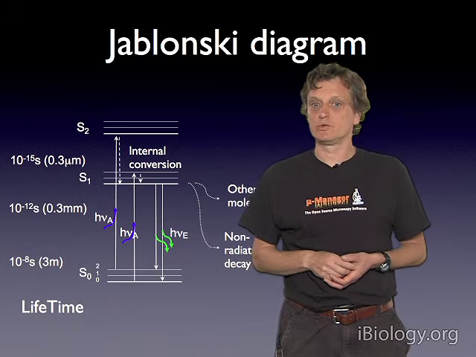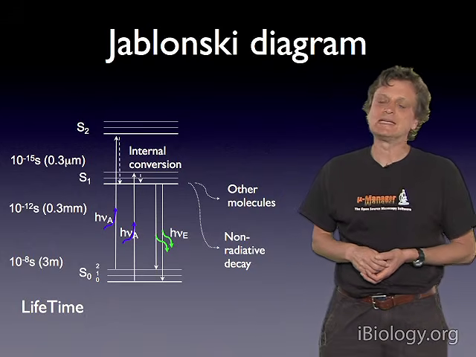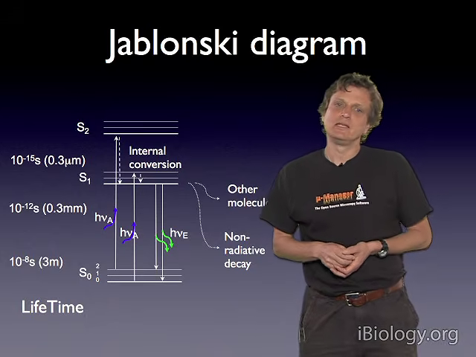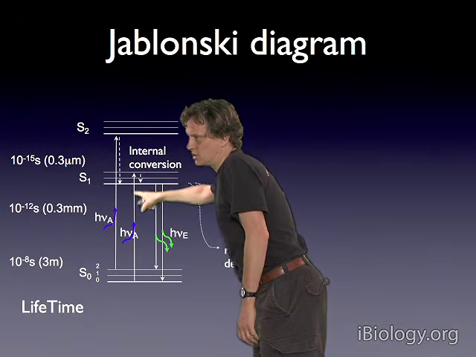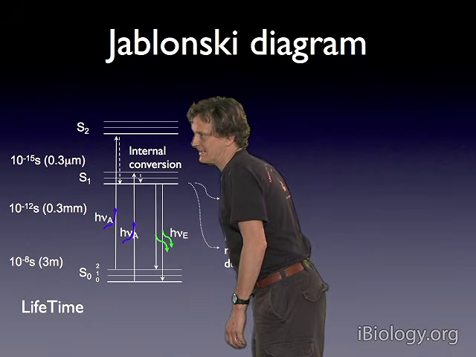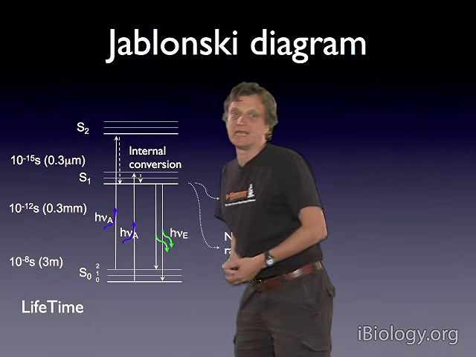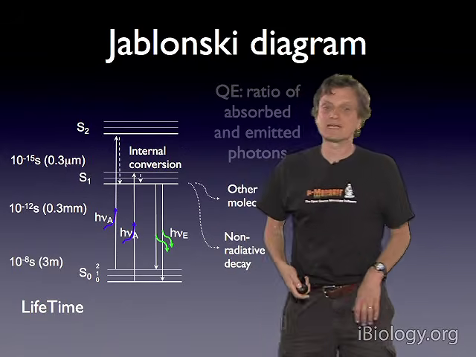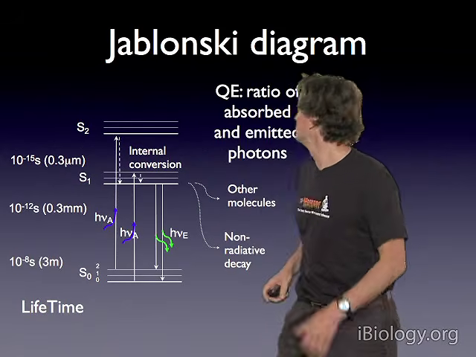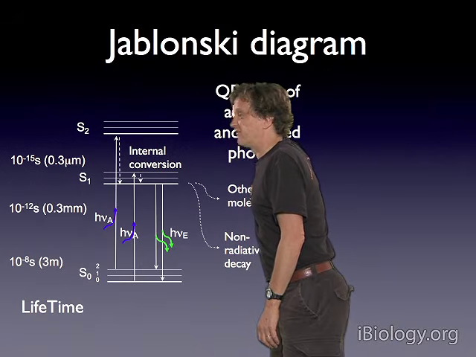So there's also non-radiative decay. So we have a total number of events, some of which result in light coming out, some of which don't. And we express the ratio of those two as the quantum efficiency.